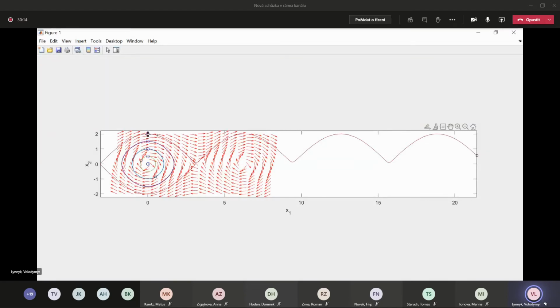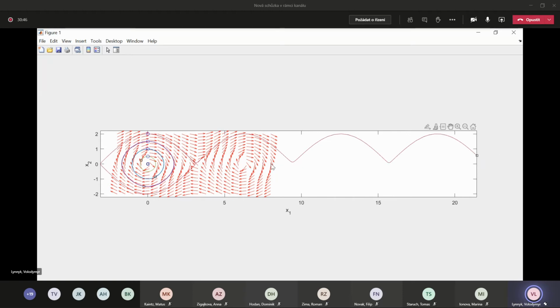When we start with this point, it's a problem, because we go to the unstable equilibrium and then go out, and if we simulate for more time, it goes fast away.